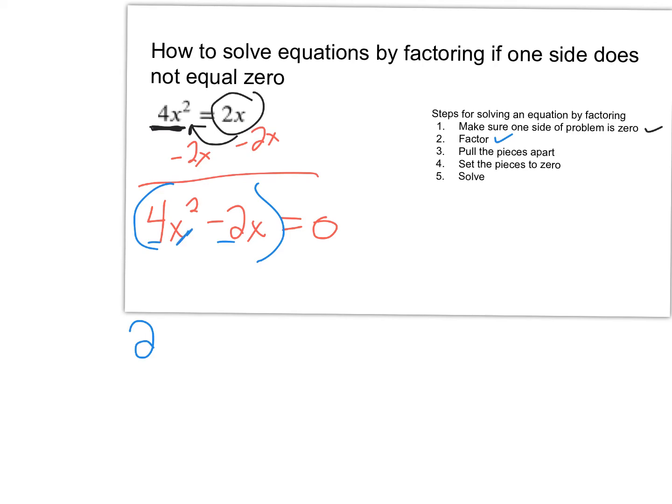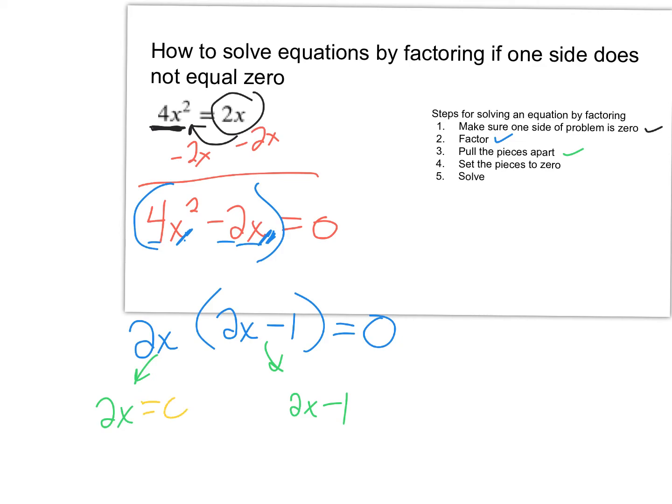Between x squared and x, I have 2 x's here. I've got 1 x here. So that means I can take out an x, leaving me 2x. Now 2x divided by 2x is 1. So we have this. All right, now pull the piece apart. 2x, 2x minus 1.